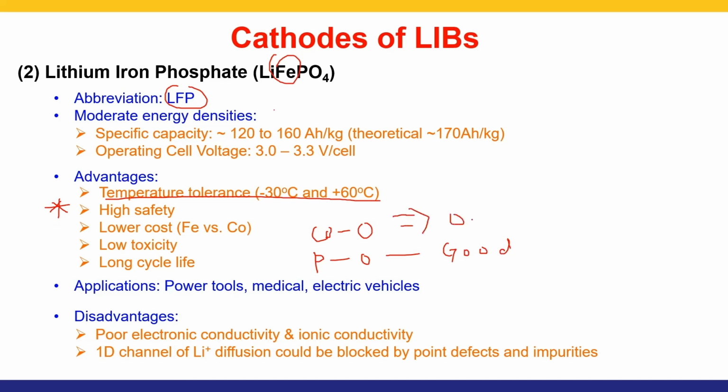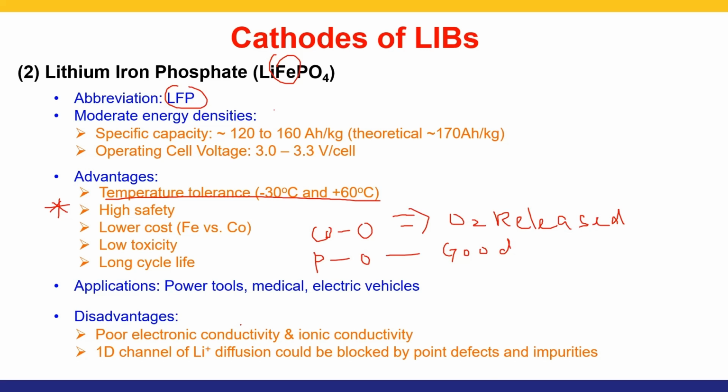Hence, it is less susceptible to thermal runaway as compared to the lithium cobalt oxide. The LFP is commonly used in EV, electric vehicles, because of the stable chemical and thermal properties of the electrode. One interesting difference of the LFP as compared to the lithium cobalt oxide is that there is no lithium remaining in the cathode when fully charged.